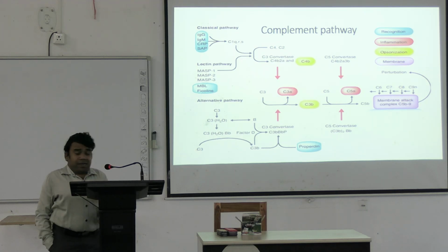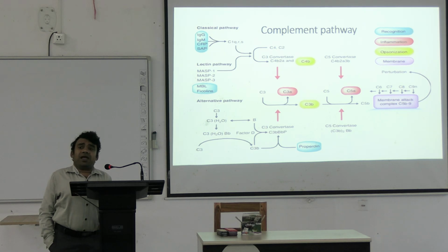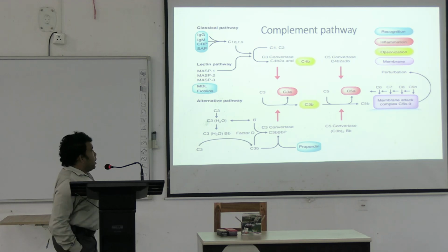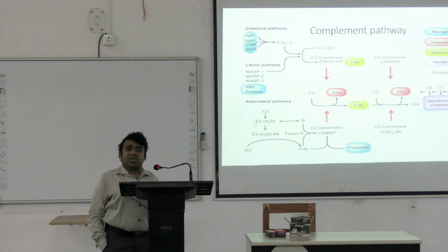Now, also keep in mind that all these pathways can also be triggered by other parts of the pathogen. It could be an immunoglobulin, it could be an antigen also. So, all in all, the complement system helps in the further functioning of the immune response, especially in the blood.